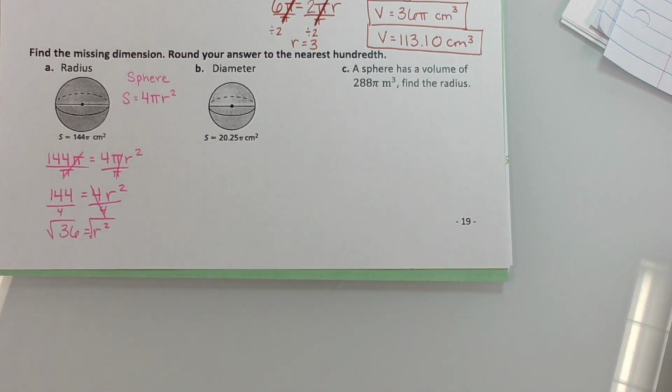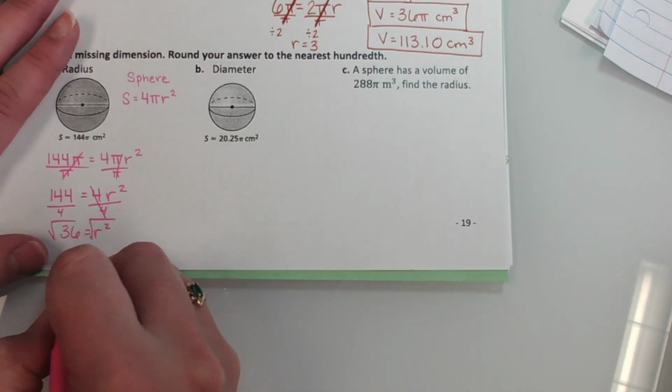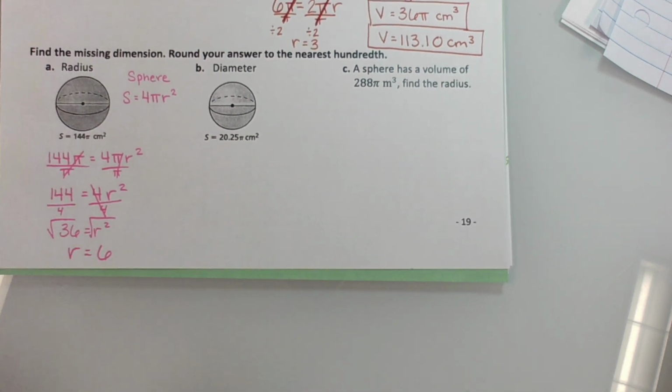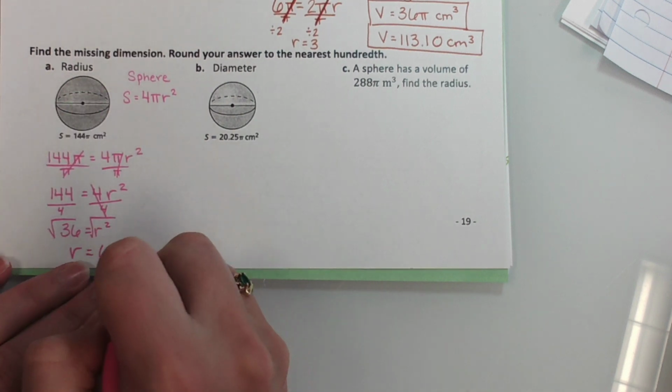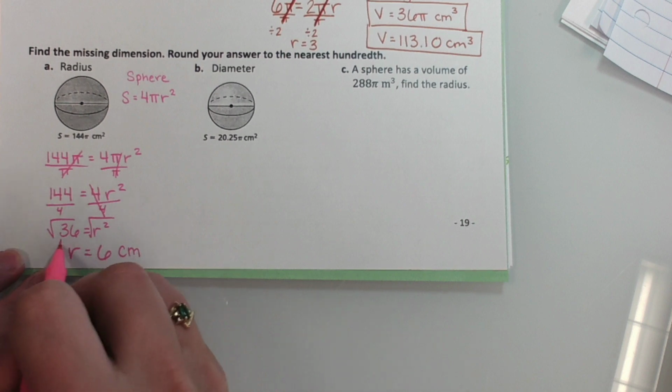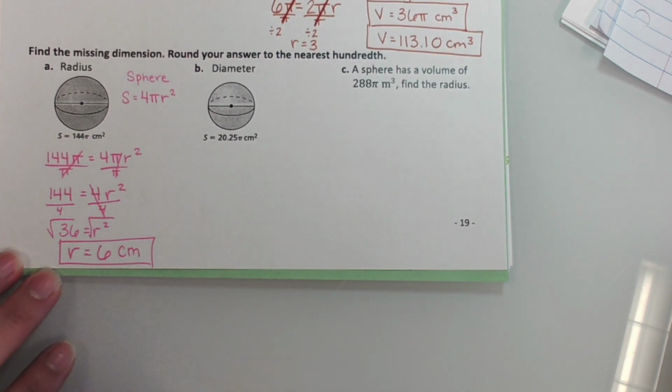When you take a square root, you technically put what in front of it? Plus or minus. Do I need that with a radius? No. What's the radius? 6. And if you tell me it's 6, it's wrong. It's 6 centimeters. Centimeters, not pi. We got rid of the pi. The pi died.